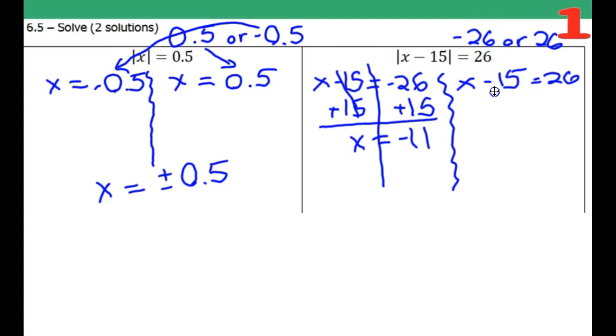On this side, we're going to do the same thing and add 15 here. So x is going to equal 26 plus 15, which is 41. So our answers are x equals negative 11 and x equals 41.